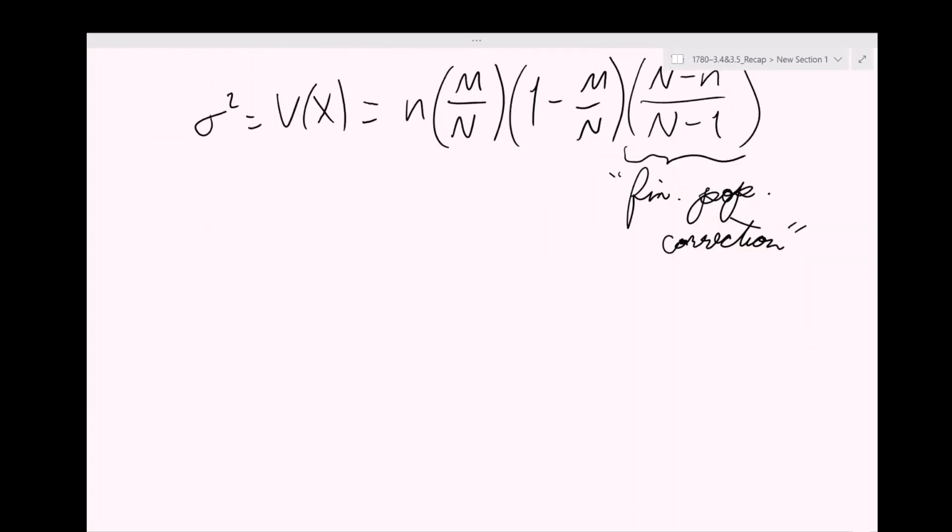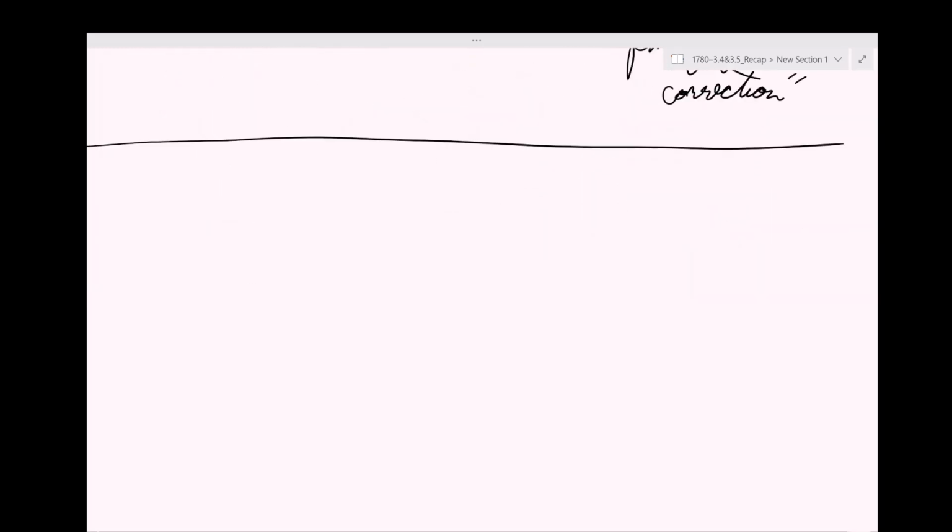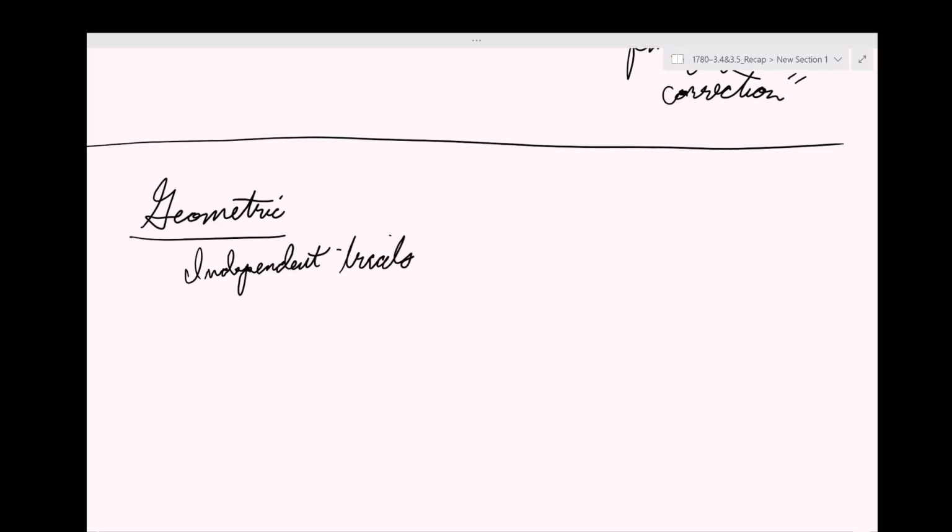Okay, next up we had geometric. So for a geometric, we had independent trials, like for binomial, a similar setup, except now we don't have a limit to the number of times we're going to repeat the trial. Instead, we're going to repeat it until we get a success.